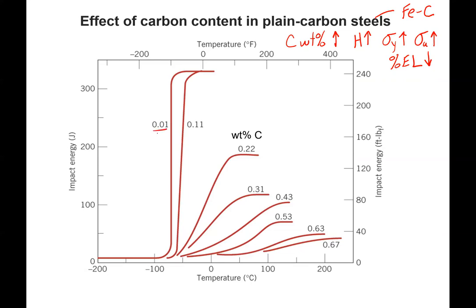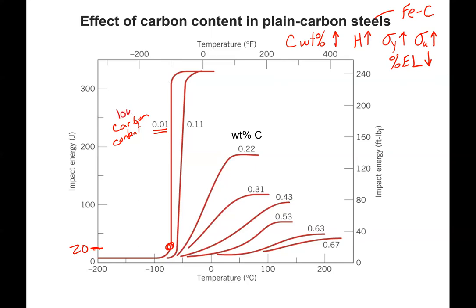So here we have a low carbon content. Let's just go ahead and stick with that 20 number here for the impact energy. You can see we get a ductile to brittle transition for this low carbon content down around minus, what's that look like, minus 75 degrees Celsius.